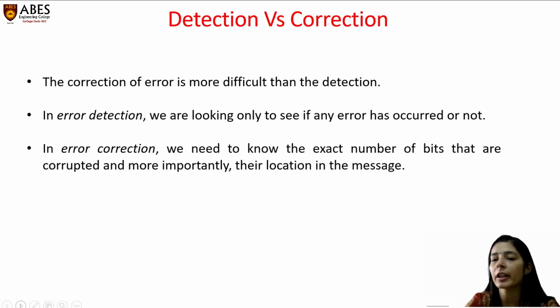But in error correction, we are trying to identify the exact number of bits that have been changed from 0 to 1 or from 1 to 0, in other words the number of bits that have been corrupted during the transmission. And more importantly, we are also concerned with the location of the corrupted bits. So obviously error correction is more difficult than error detection.